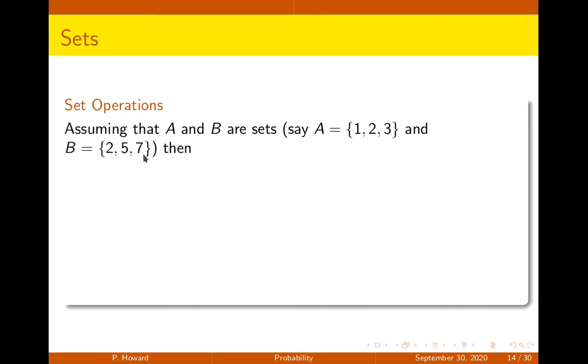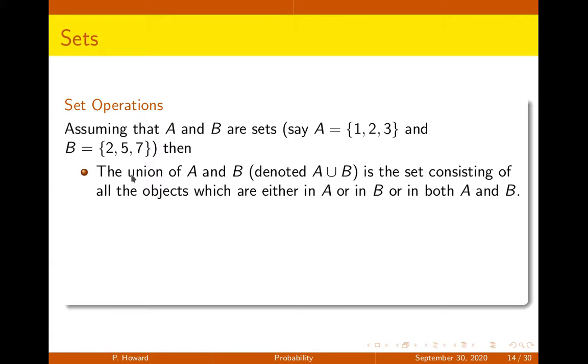Okay, the first operation is known as the union. The union of 2 sets. Roughly speaking, what this means is you put the 2 sets together to make one big set.